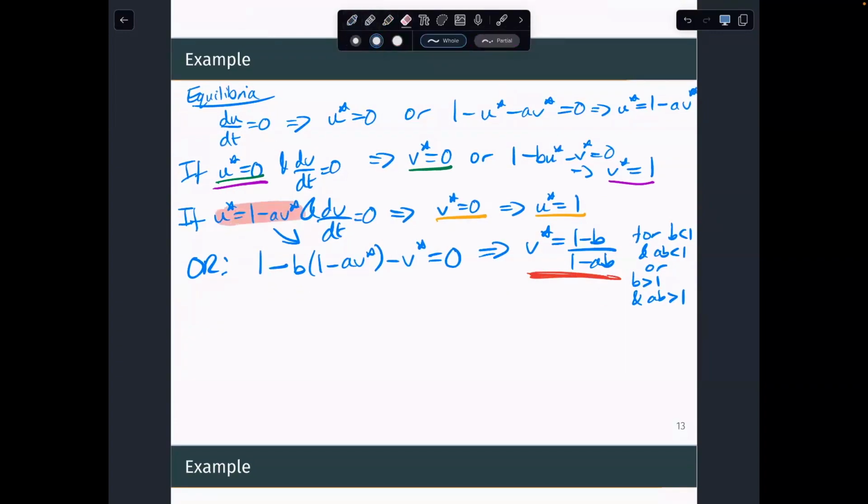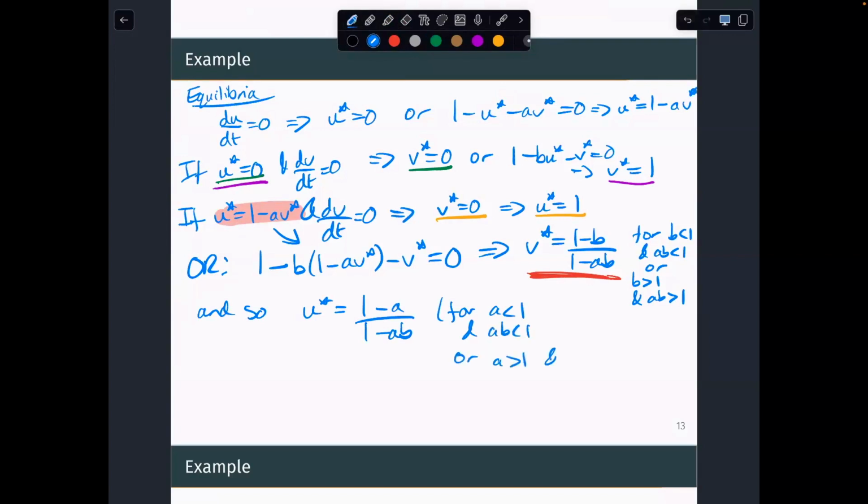If you do that, you end up with u star is equal to 1 minus a over 1 minus ab. Again, for a less than 1 and ab less than 1, or a greater than 1 and ab greater than 1.